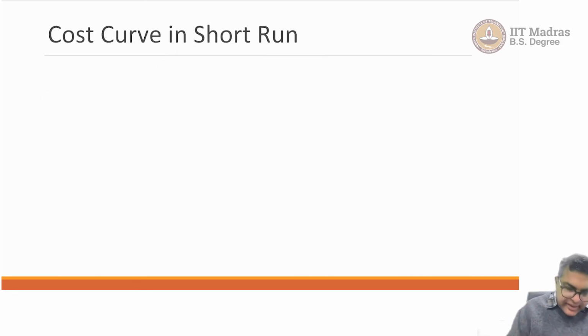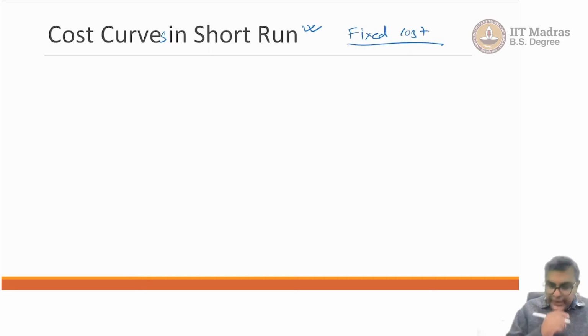Now let us write the cost curves in the short run. Short run, why? Because we have fixed cost. In the long run, we will not have any fixed cost. But remember, in the very beginning I mentioned three kinds of cost: fixed cost, quasi fixed cost, and variable cost.